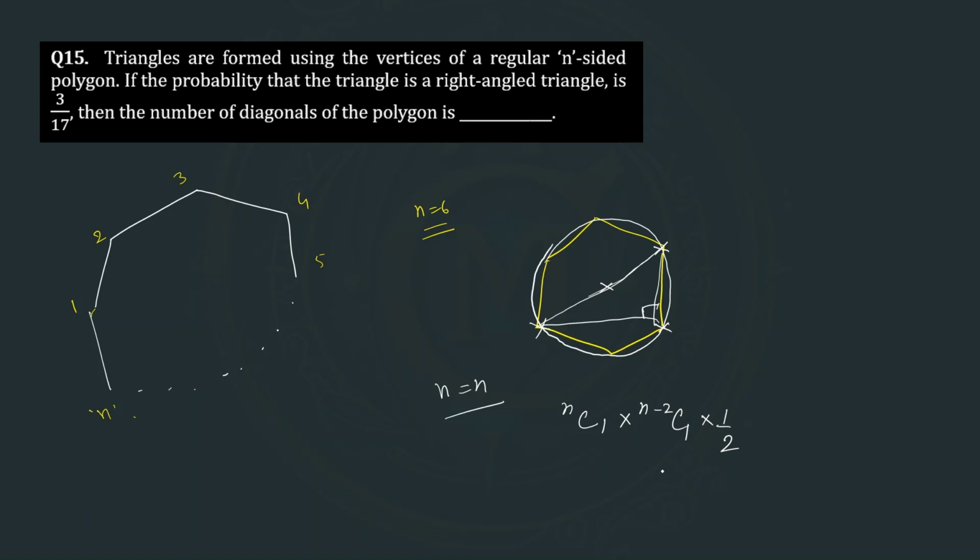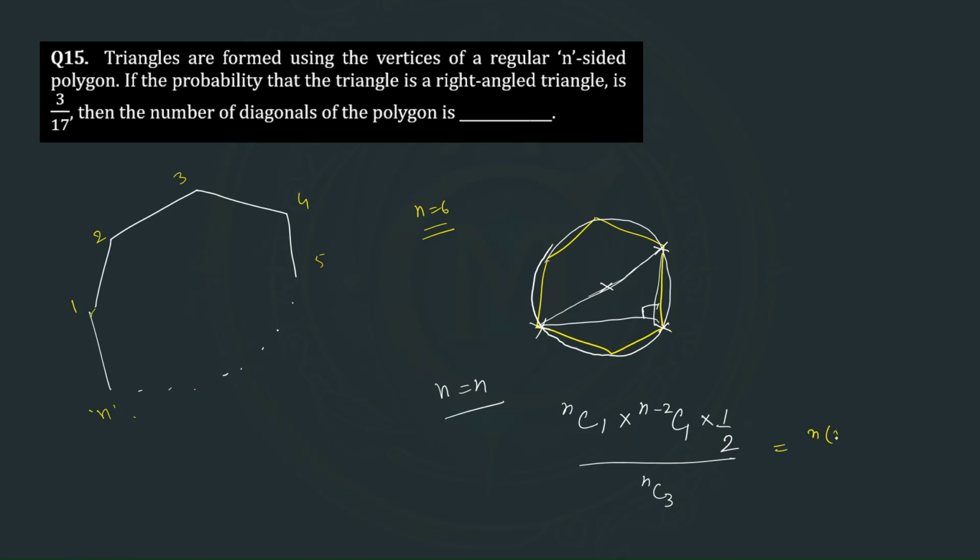So this is the total number of possible ways where a right angle triangle is being formed. Now in the denominator it will be simply nC3, the total number of triangles that can be formed using the vertices of an n-sided polygon. So this, if we calculate, will be the probability.